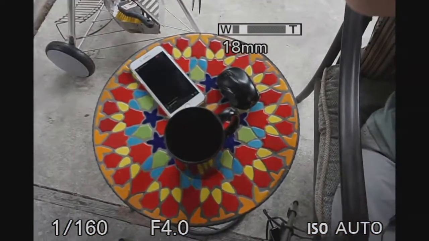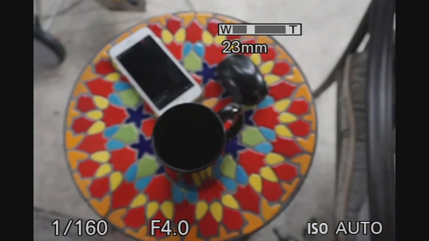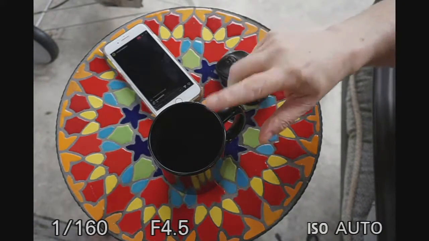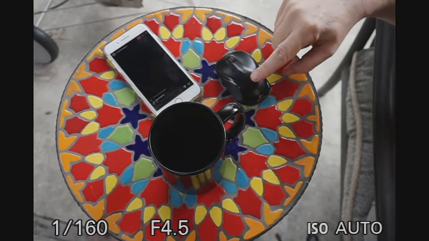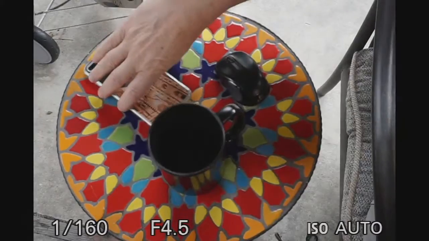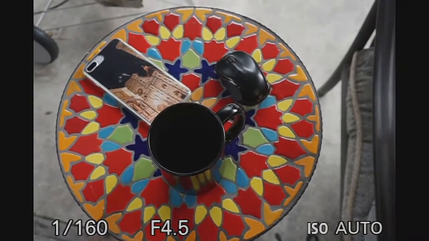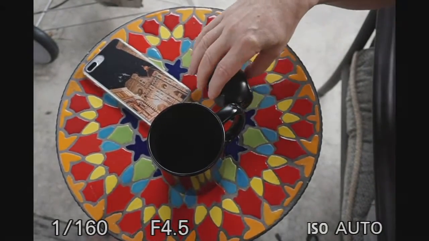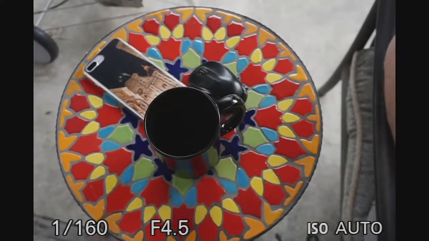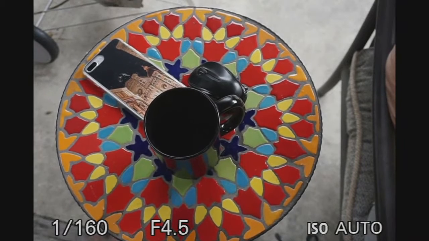Okay, so I have 3 objects on this table: this coffee cup, my mouse, and my phone. Let me turn the phone over and make him more interesting. Right now, I have them all clustered in the center, all together, just equal. So let's see what happens if we apply the rule of thirds.